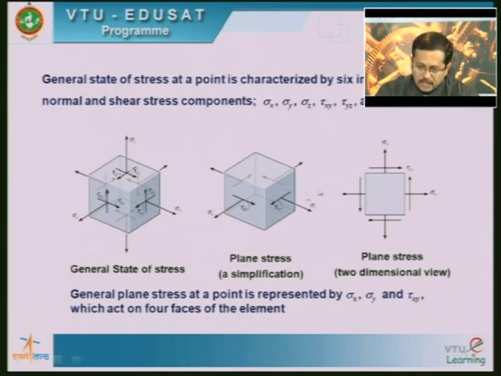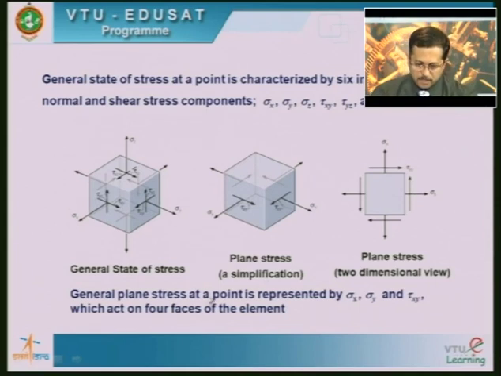Now when you rotate this diagram by 90 degrees along the y axis, you are going to get this, or along the x axis also you can rotate it, which would be like this, subjected to sigma x, sigma y and tau xy. These are the different ways of representing the stress at a point. This is 3-dimensional and these two are the 2-dimensional stress elements.